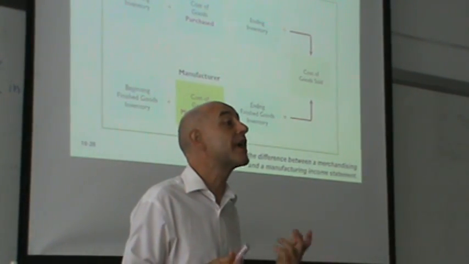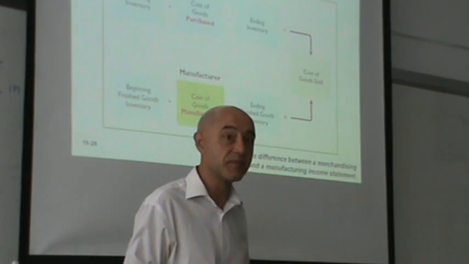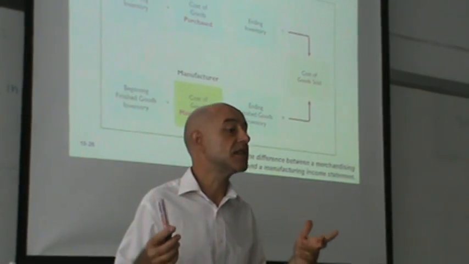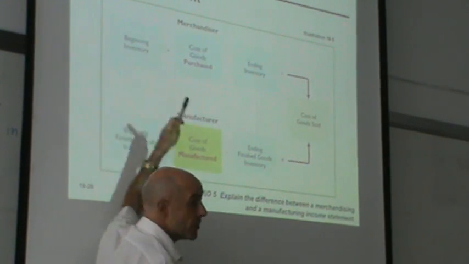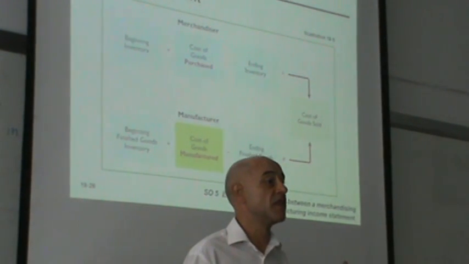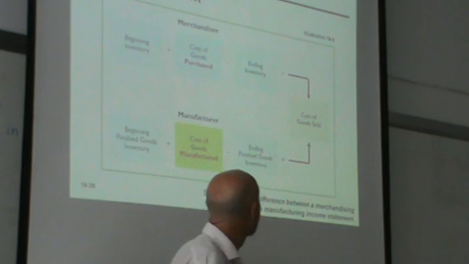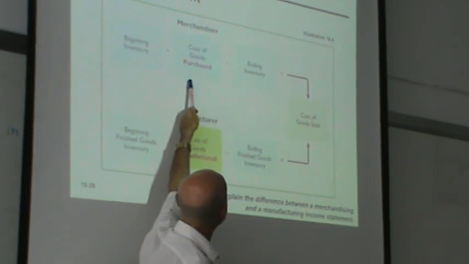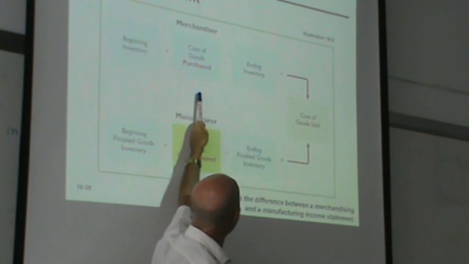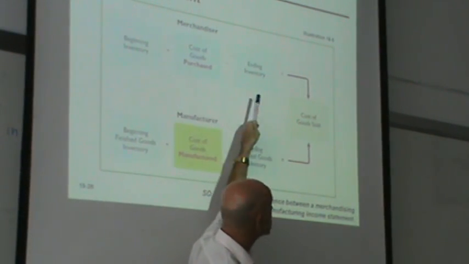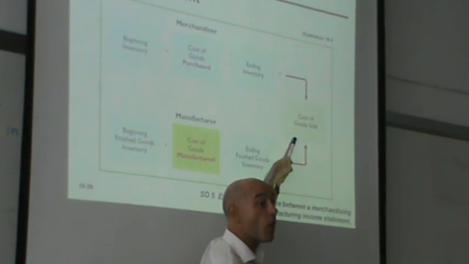So how do you calculate the cost of goods sold? In exactly the same way. Here you say, oh, I'm starting inventory, let's say 1,000. I buy 5,000, so my total is 6. I end with 2,000, so I got 4.